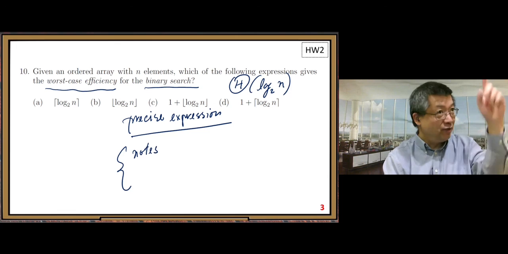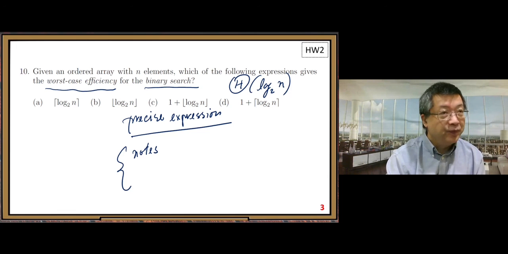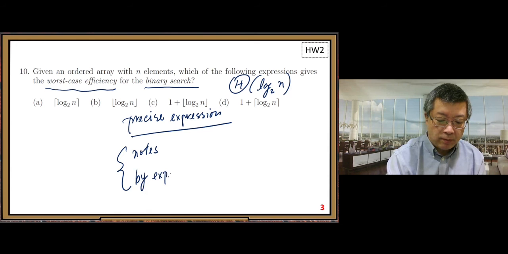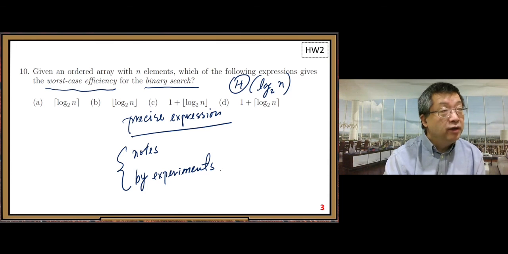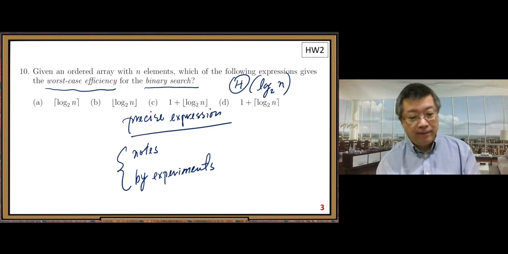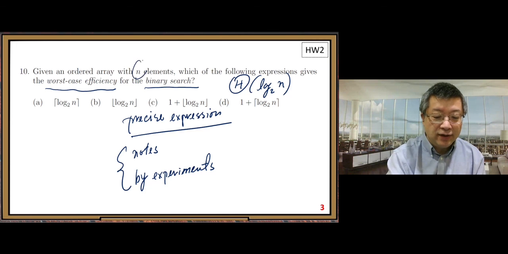Find it in the notes. Second way, by experiments. Try different n.